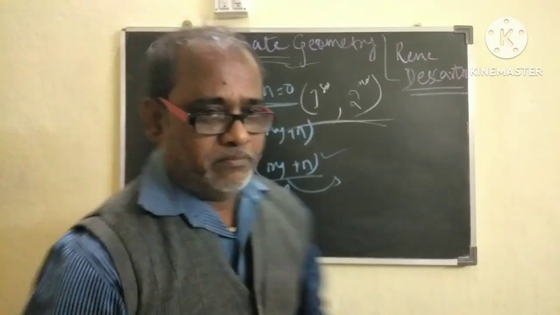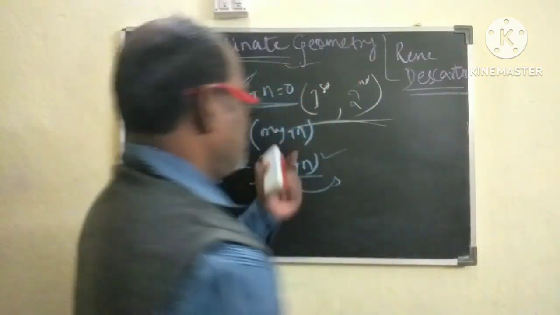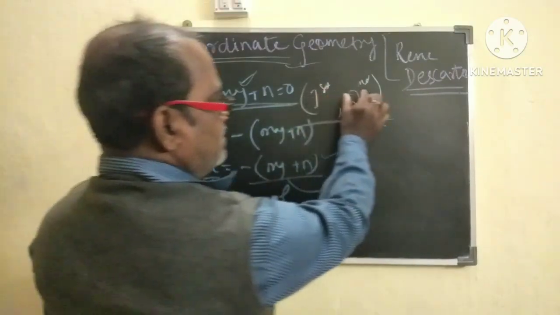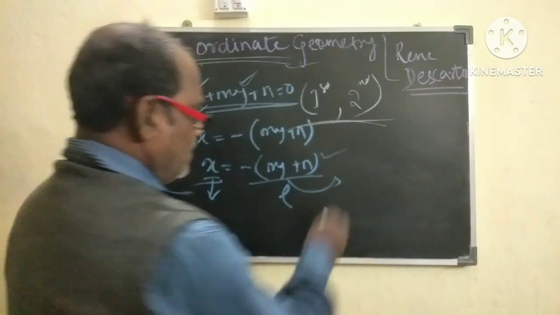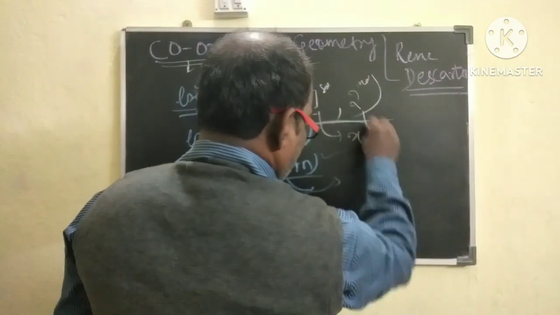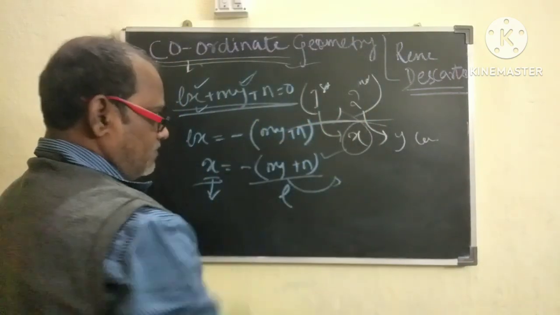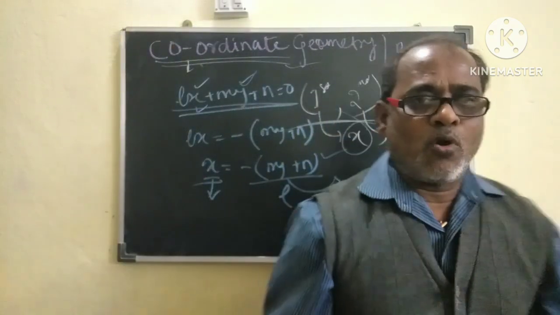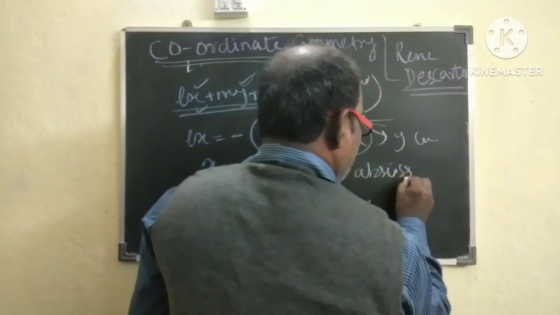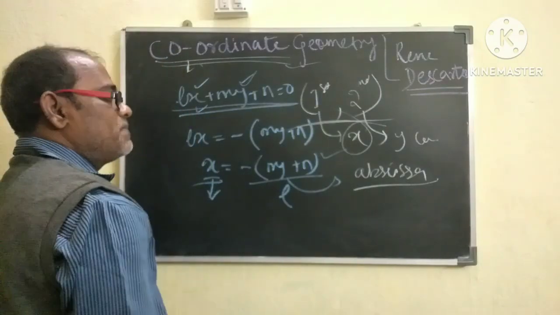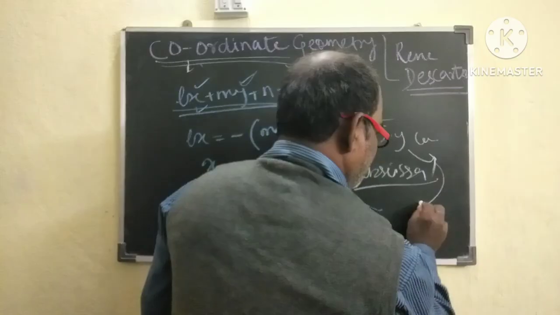Also in this coordinate system, when we say this is the first component and this is the second component along the x and y axes, then this is taken as the x coordinate and this is taken as the y coordinate. This x coordinate is also called abscissa, that is A-B-S-C-I-S-S-A, and this y coordinate is also called ordinate.